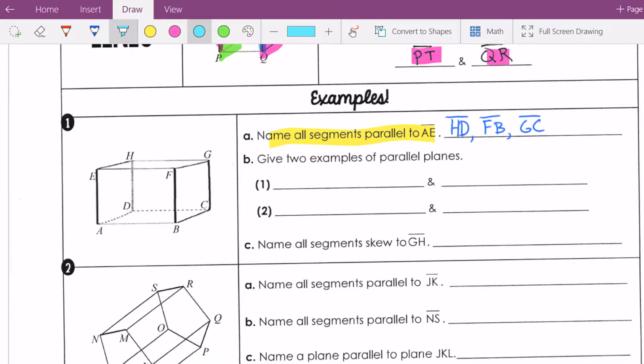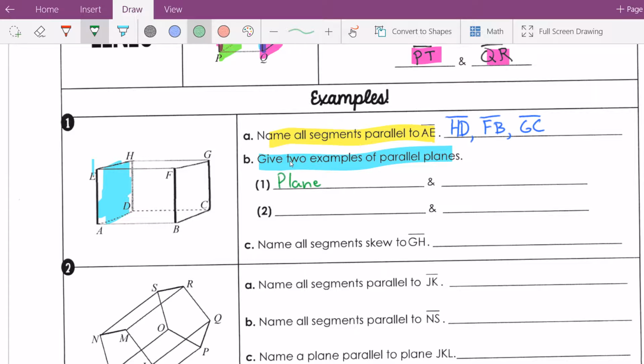This one says it wants two examples of parallel planes. So we're going to pick a plane, and then figure out which one's parallel to it. I'm going to start off with the one on the left side. If you recall, when you're naming a plane, you say plane and then pick 3 non-collinear points, basically 3 points that form a triangle on it.